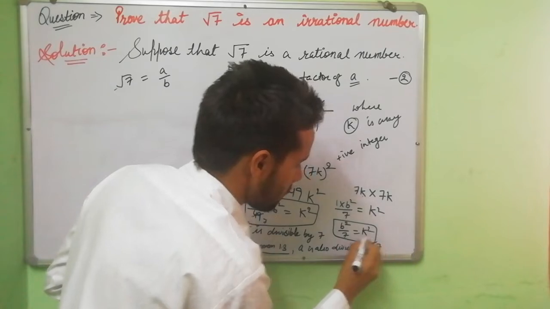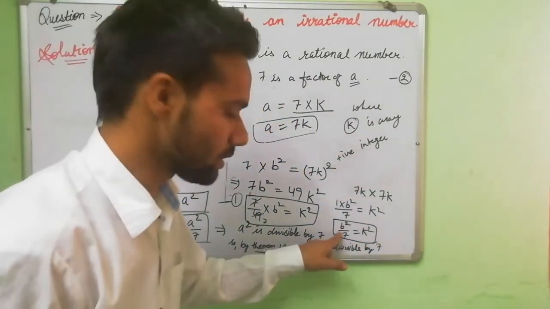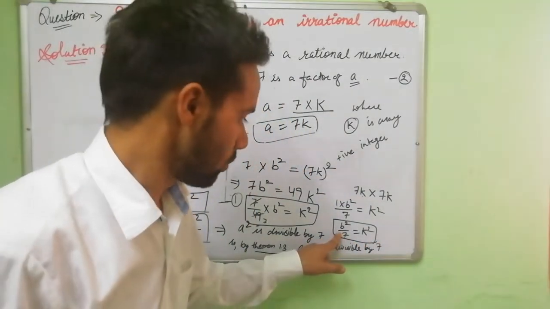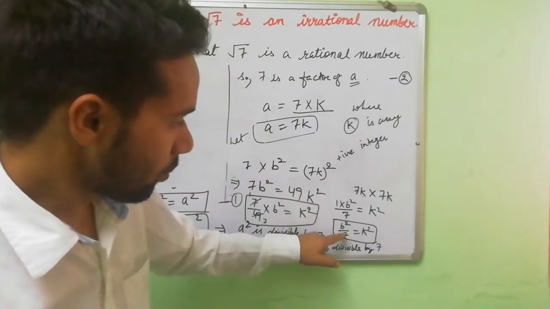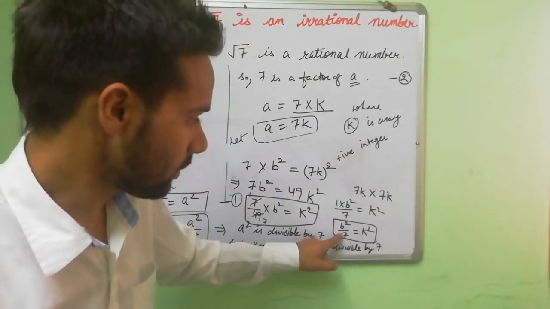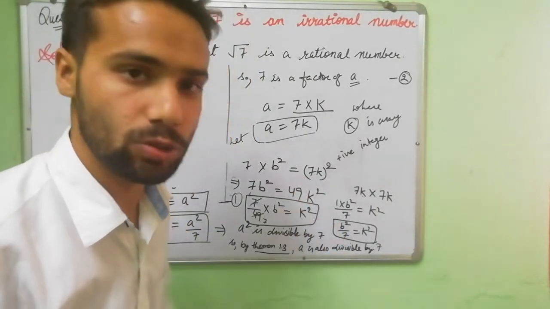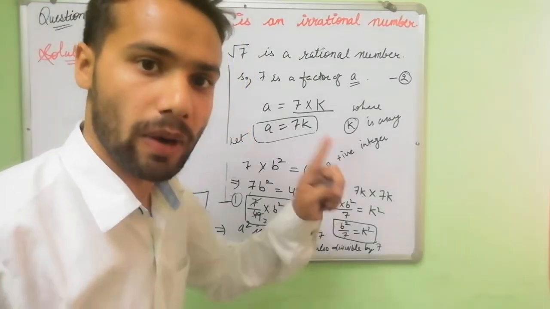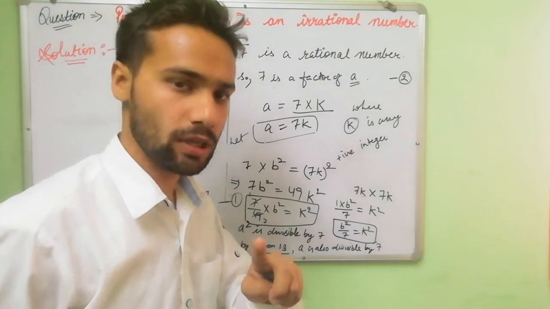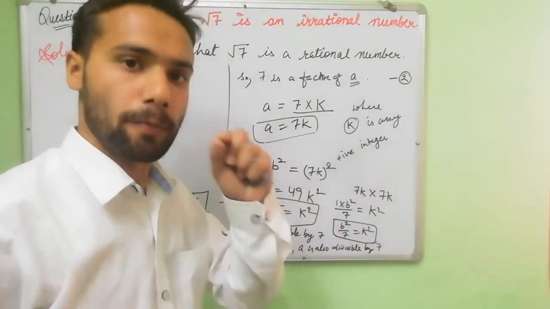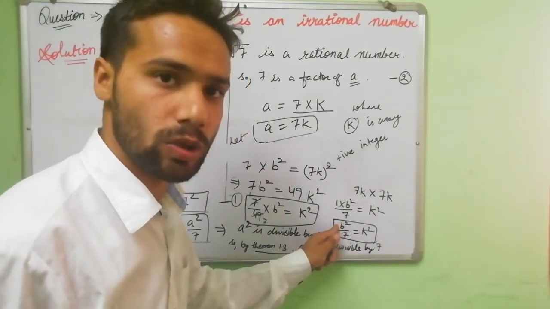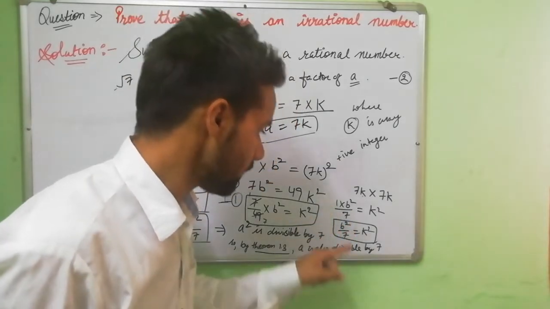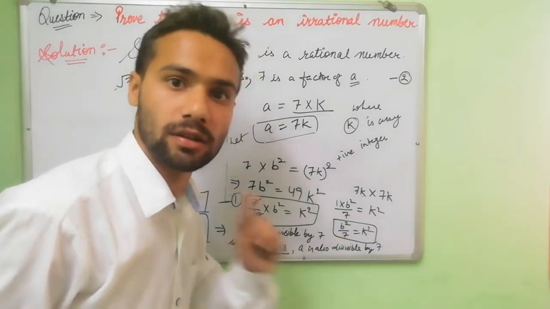Dear student, again you reach the second condition. What is the second condition? Here it seems 7 divides b square. Clear? If 7 divides b square, by theorem 1.3, we say if any prime number divides the square of any number, then it should divide the base of that number.